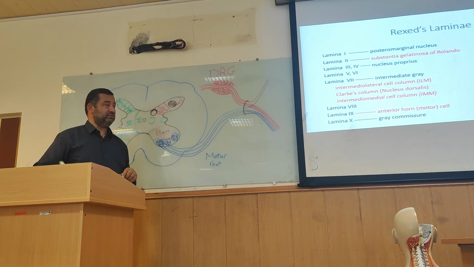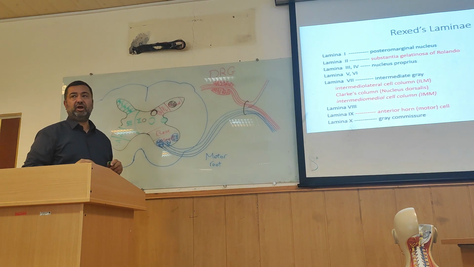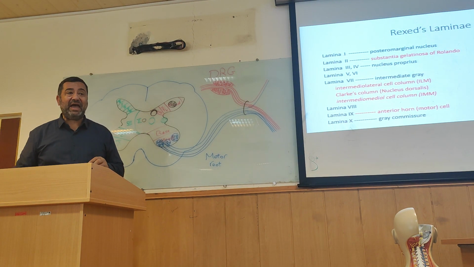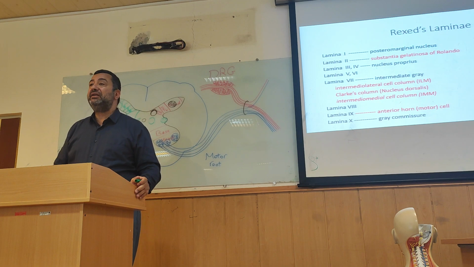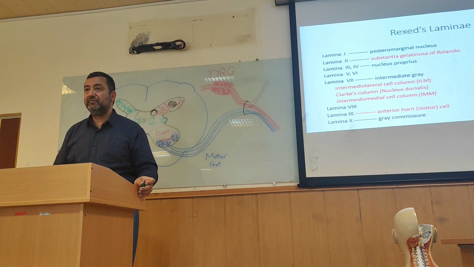These sympathetic multipolar neurons have small myelinated nerve fibers.